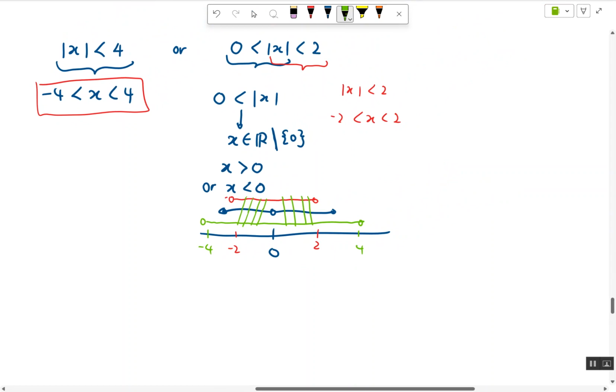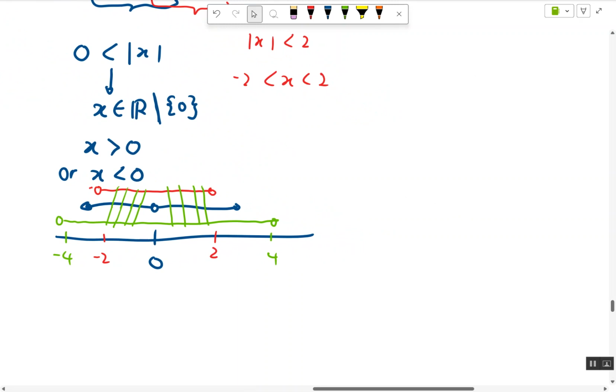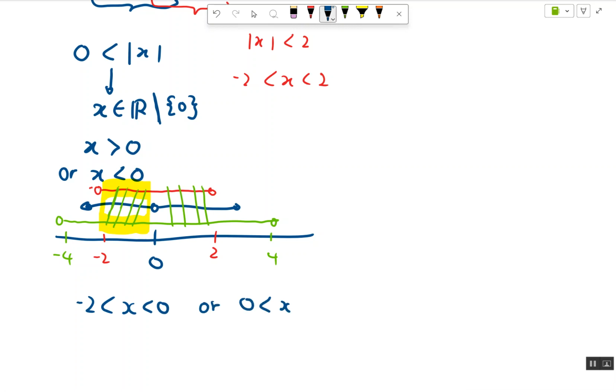Yeah. So how do I present the final answer? You can do it two ways. You can look at this part, I'm going to use my yellow highlighter, this part as one region, which means that x is greater than negative 2 but less than 0, or x greater than 0 but less than 2. You can present it in this way.